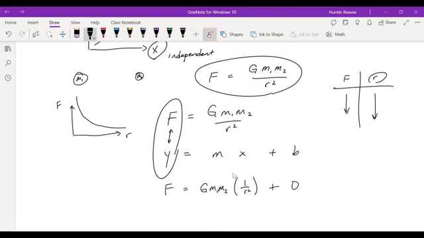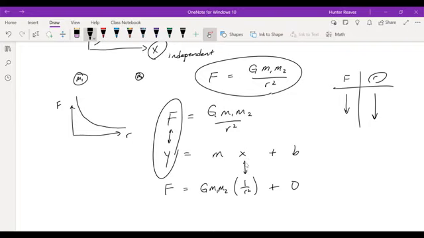but by representing it like this, we are calling not the distance between the objects the independent variable, but rather we're modifying it slightly and saying that 1 over the distance squared between the objects is the new independent variable in the way that we are choosing to plot our data.